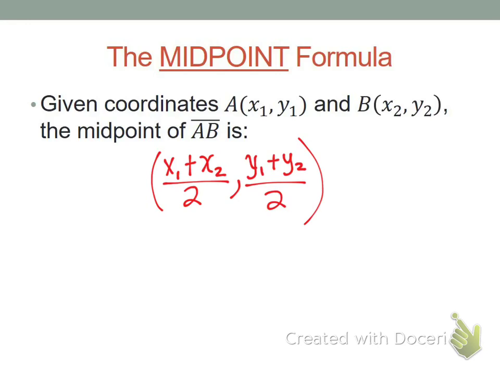This is still an ordered pair. It's still a coordinate, a point. It should still have an x, comma, y when you're done with it. This is how we find a midpoint if we are given coordinates.